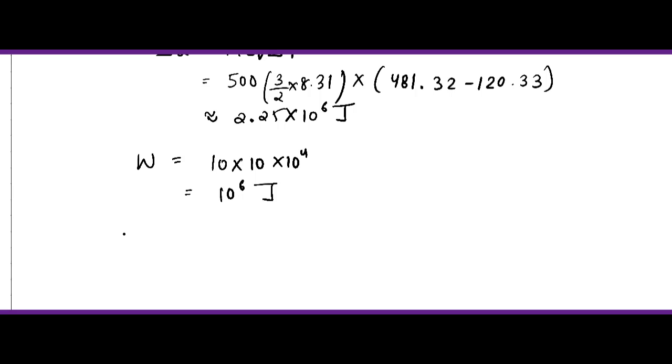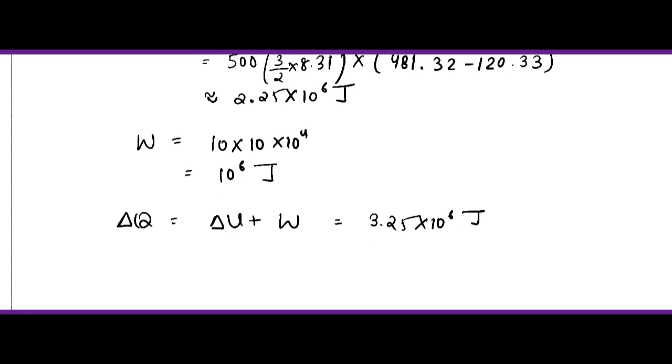According to the first law, delta Q would be equal to delta U plus W, that is 2.25 plus 1, so that is 3.25 into 10 to power 6 joules.